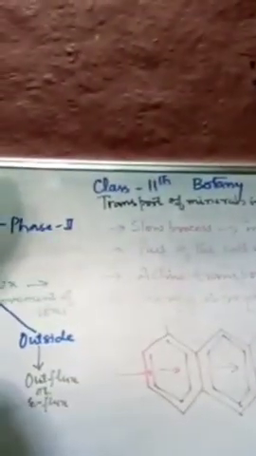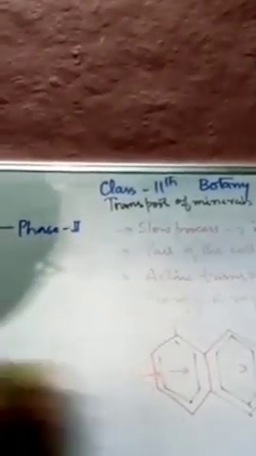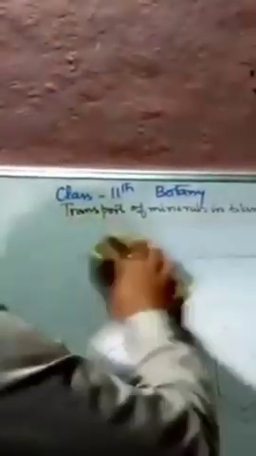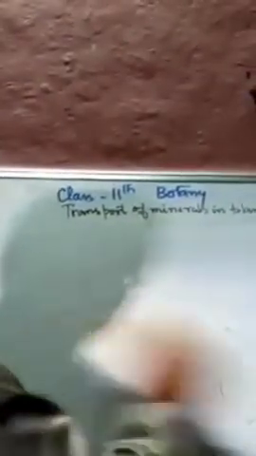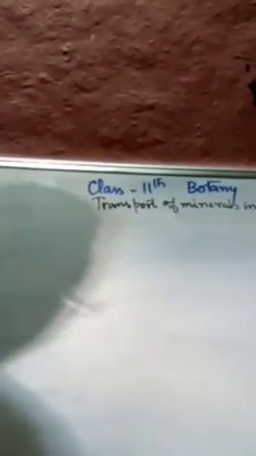So how does this movement of minerals and ions take place? We have some mechanisms, some theories and hypotheses have been put forth from time to time in order to understand the mechanism of the transport of minerals.